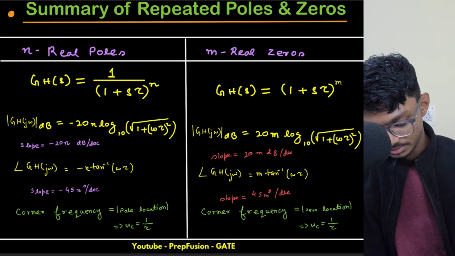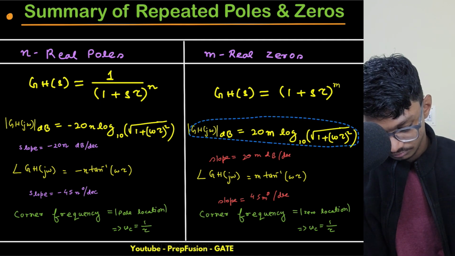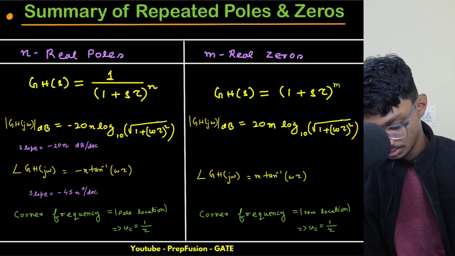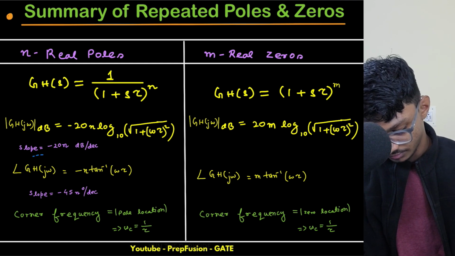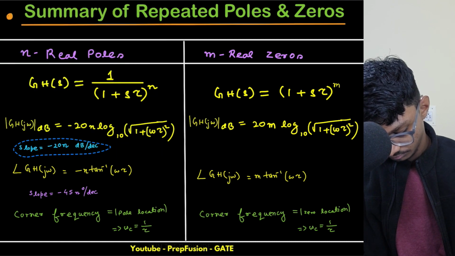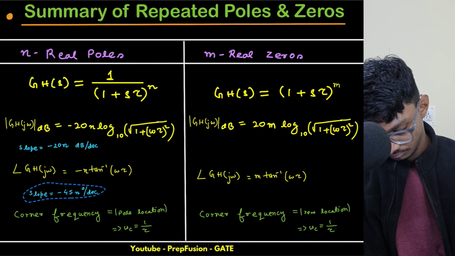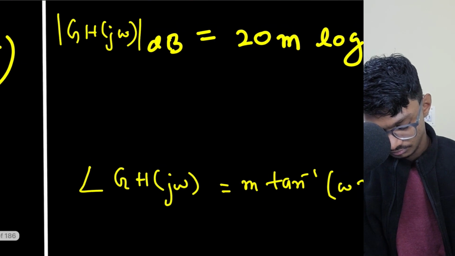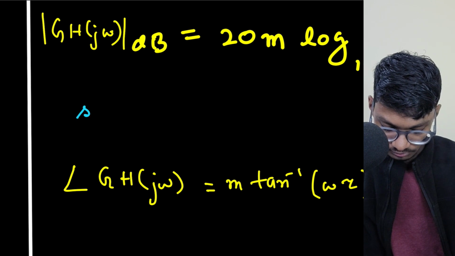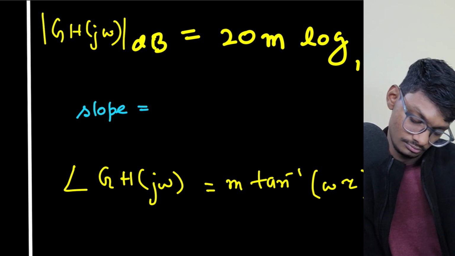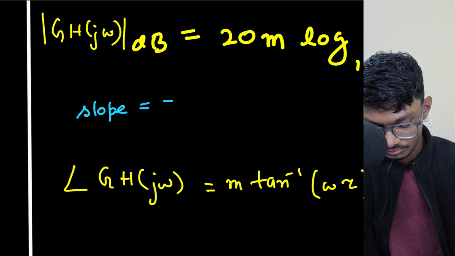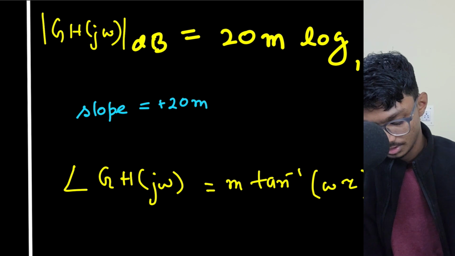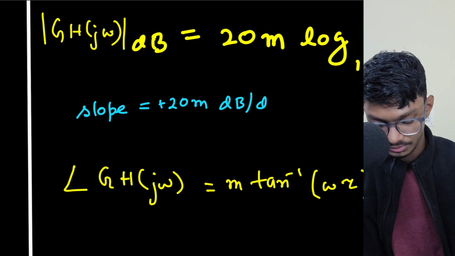Okay, so what happens to the slope here? Here the slope becomes plus 20 m dB per decade.